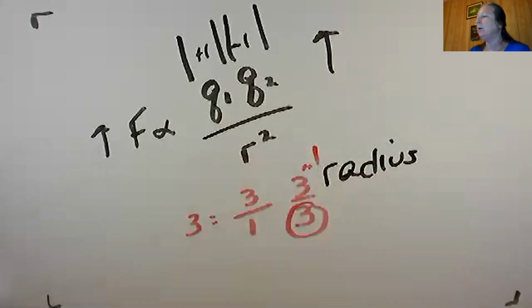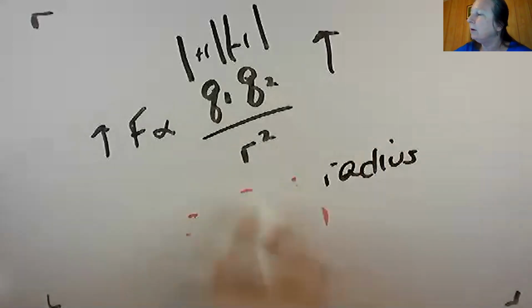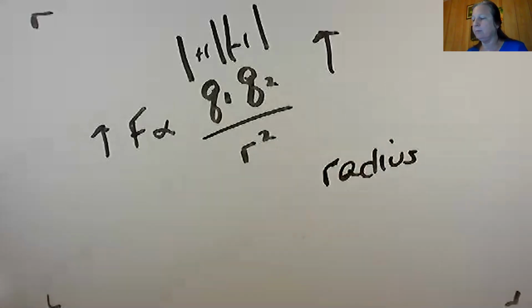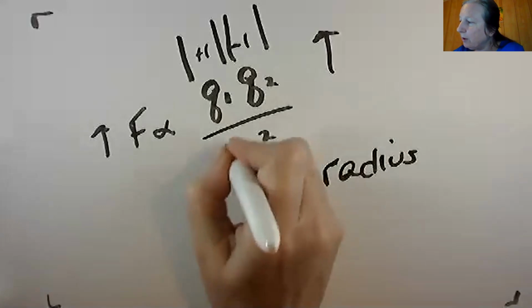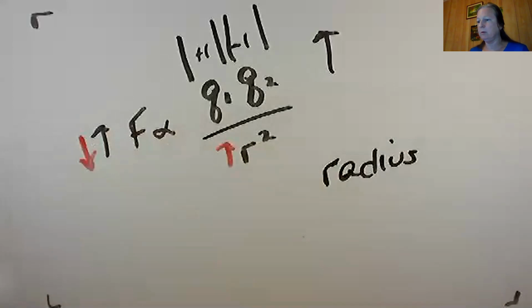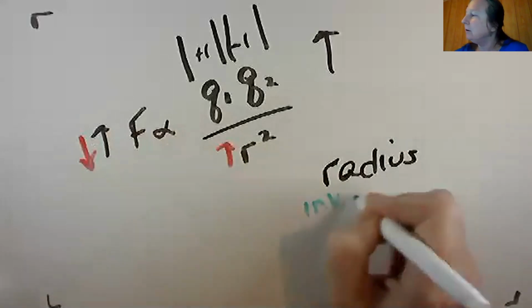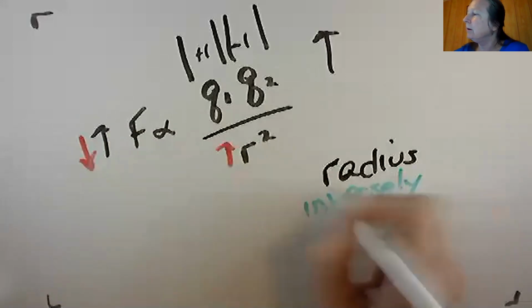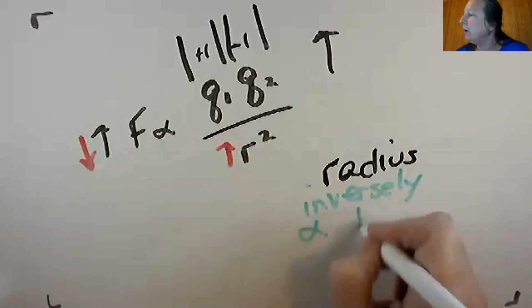Because the bigger that number is, the smaller my answer is. The same thing goes here. The bigger my radius is, the smaller my force is. So if this is bigger, force is going to be smaller because it's making the bottom half of the fraction bigger. And so we say radius is inversely proportional to the force.